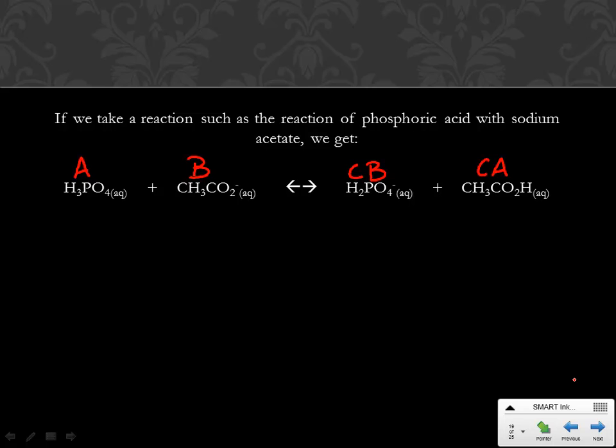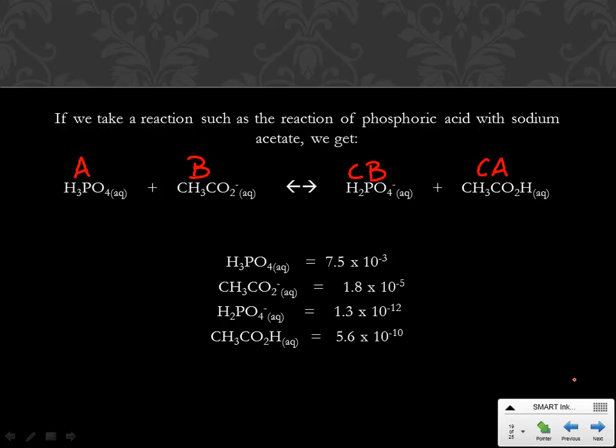Because in the reverse direction, the acetic acid would act as the acid, and the dihydrogen phosphate would act as the base. If we pull up the K values, just so that you know, if it's an acid, I listed its Ka value, and if it's a base, I listed its Kb value.